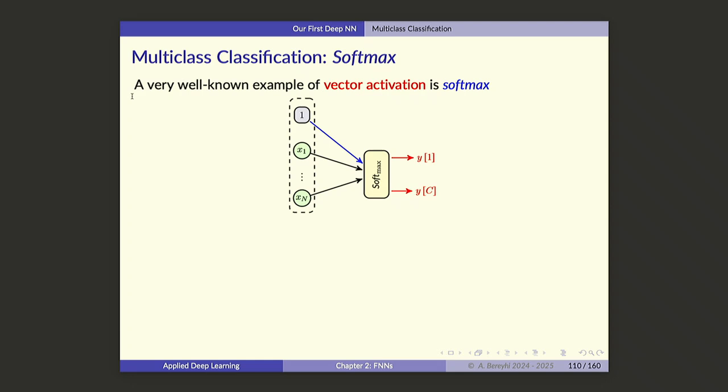But one thing you should pay attention to is that, say for instance y1, depends on z1, z2, z3. So it's not a function of z1 alone anymore. You get the idea? So it's not an entry-wise activation. It's not only a function of z1. It depends on z1, z2, z3. So this is the idea here.